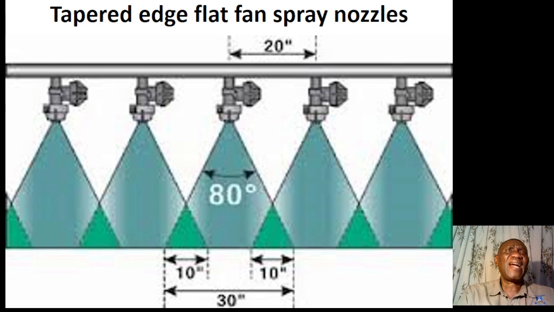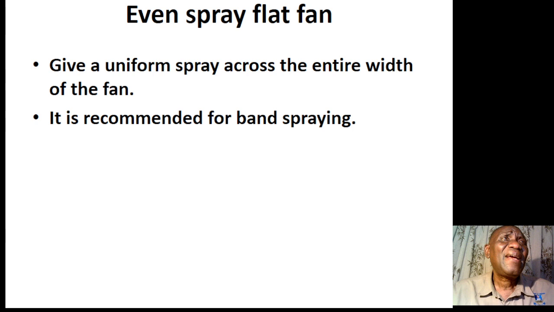So the nozzles are adjusted at the top so that you end up with the right overlap, or the boom is raised upwards and downwards so that you can achieve this. The even spray flat fan gives a uniform spray across the entire width of the fan. This is the one recommended for band spraying. You target probably the crop rows.